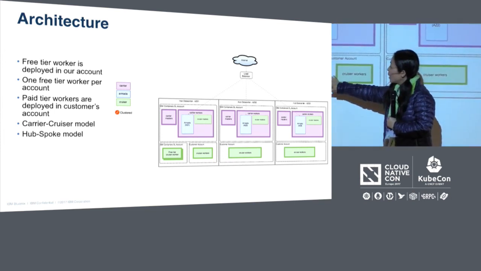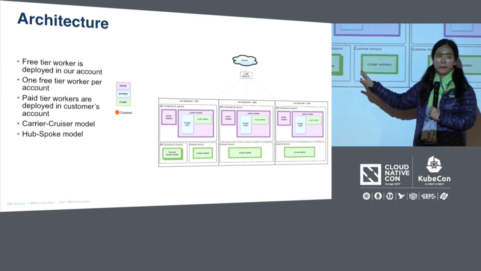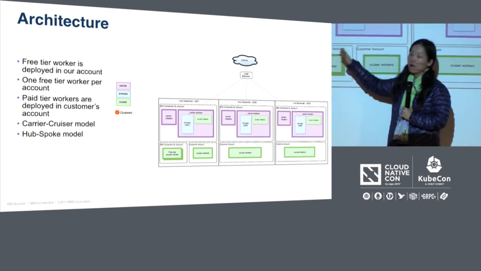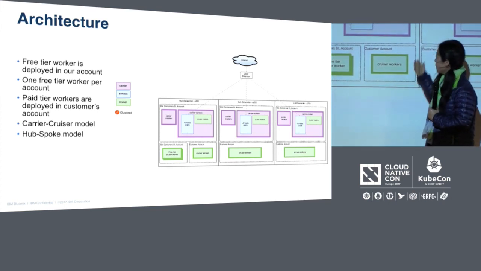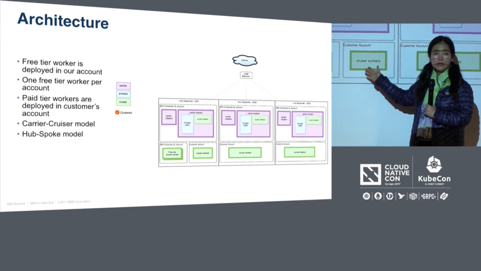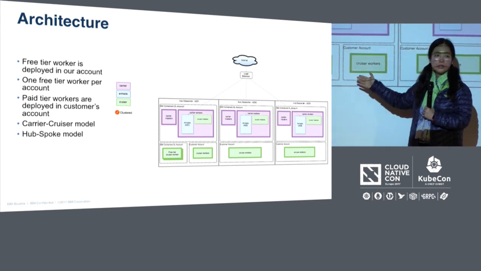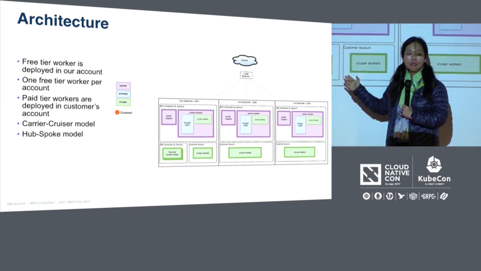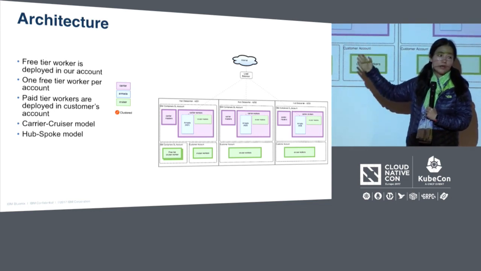On the paid tier, we deploy that 2 gig or 4 gig RAM and 2 CPU into our own account, so we pay for every user of that. And then on the paid tier, the customer deploys the workers into their own account, so they are responsible for the cost associated with that too. So it's actually a really similar architecture, because they are sharing the same master and the infrastructure that runs the master.